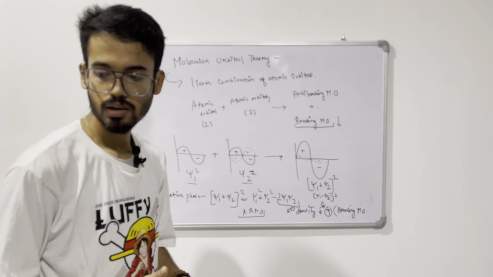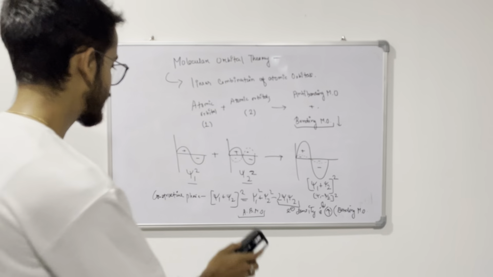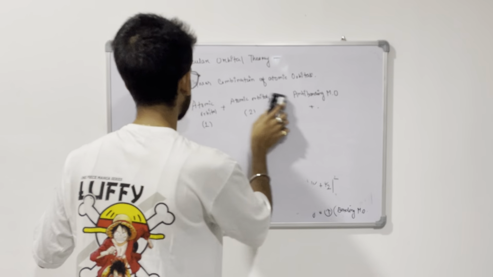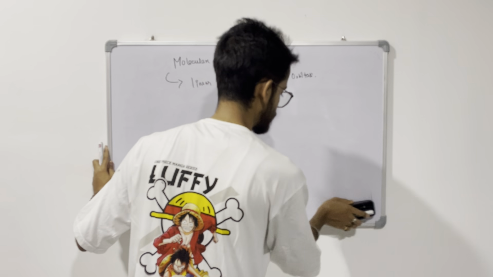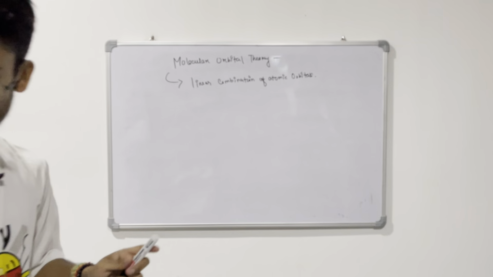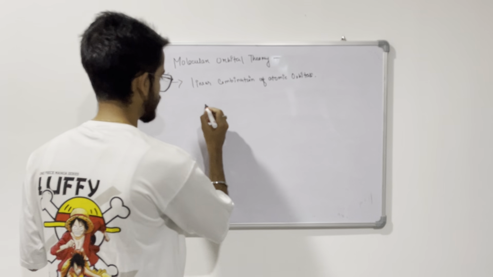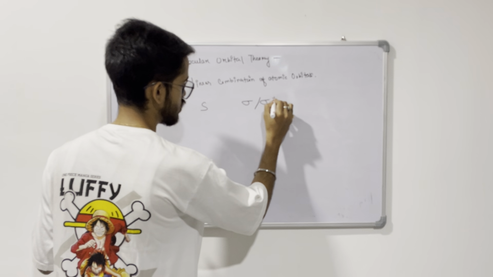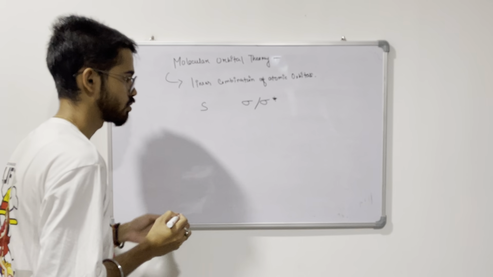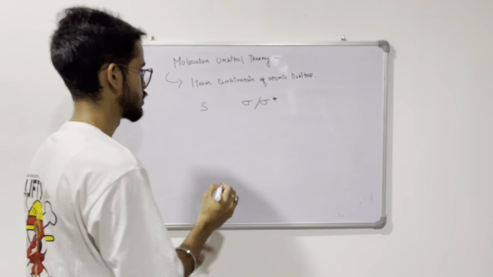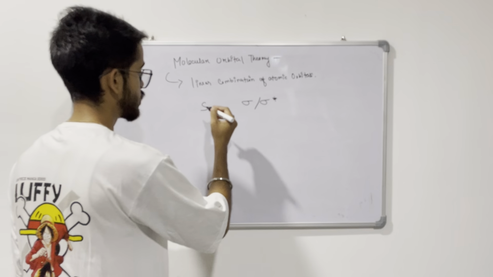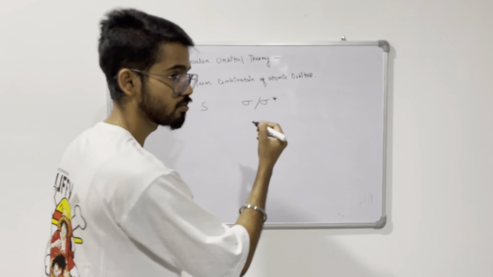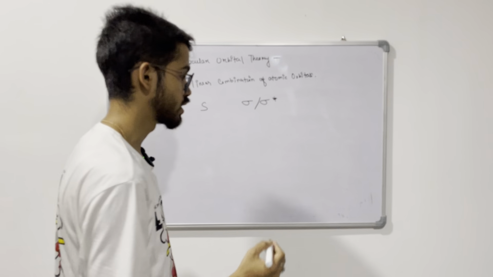Now we will discuss the energies of the orbitals. First we have to write this. For s atomic orbitals, when s orbitals mix, two molecular orbitals form: sigma bonding and sigma star antibonding.